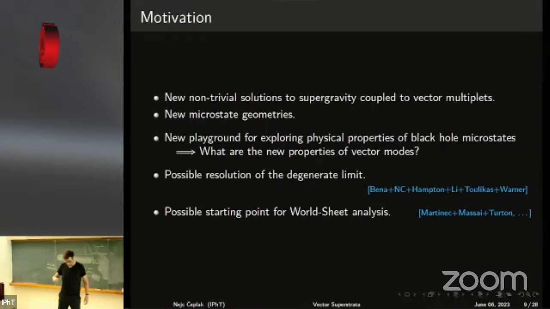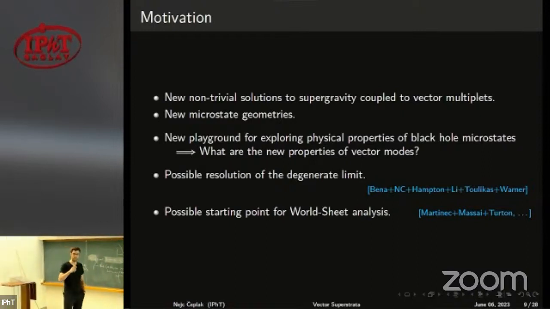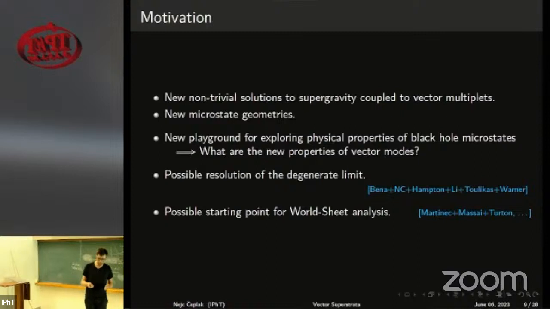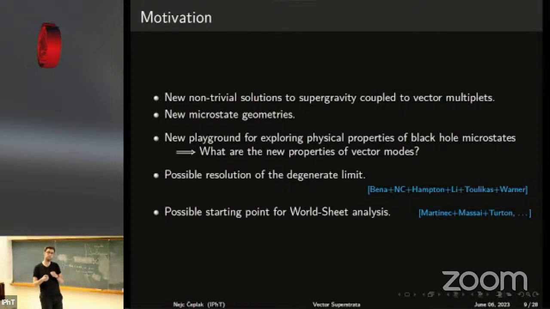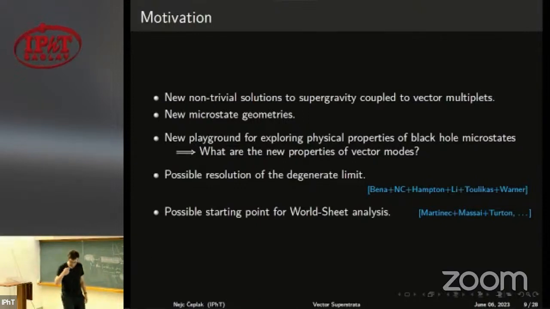Also, last year, when we were trying to figure out a resolution to a very specific degenerate limit in which microstate geometries develop an infinite throat and develop a horizon, it turned out that vector multiplets had a specific role and could potentially resolve this limit. So it had a very particular importance to find out whether you can create microstate geometries which preserve SO4 symmetry. So that was another motivation to look at this.